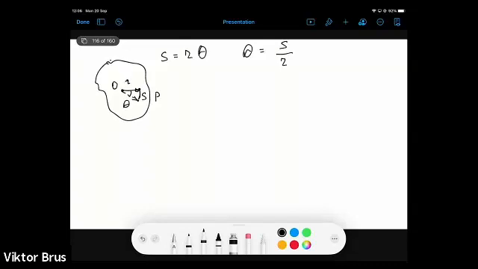If we have, for instance, a full circle, which will be 2 pi times r, then if we divide by r, it will be 2 pi radians. So 2 pi radians stands for one complete rotation, or 360 degrees.